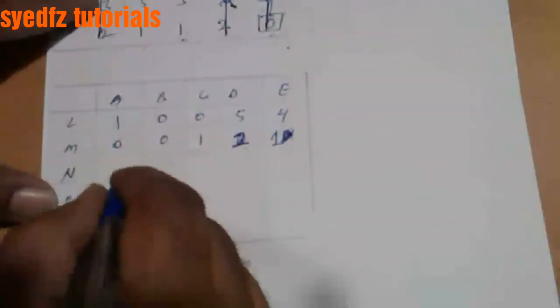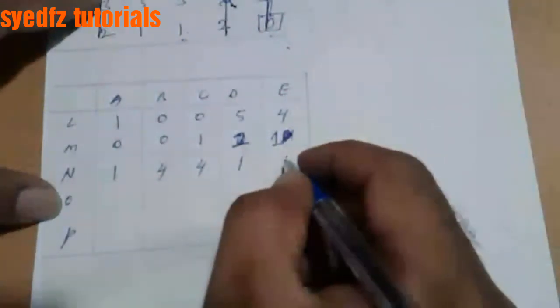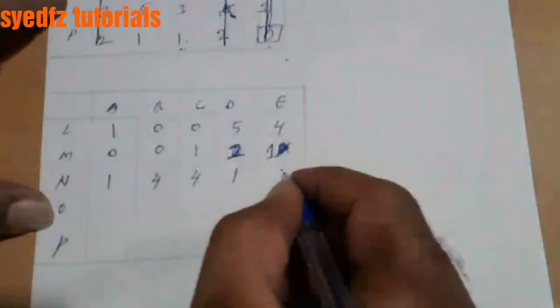It's an intersection point at 1. There the 4 remains the same because the line is passing. Here is the intersection point, add 1. Here is also an intersection point. So okay, this one intersection, so add 1 is 2.